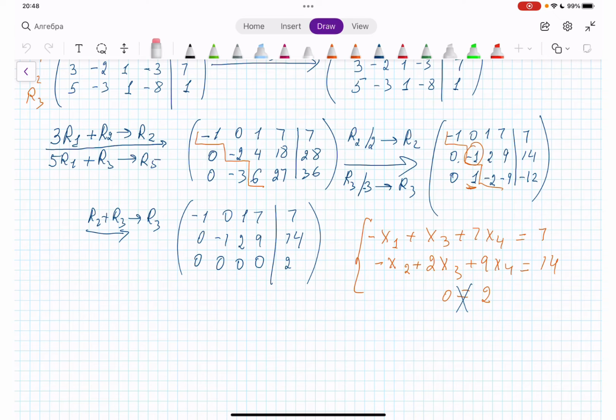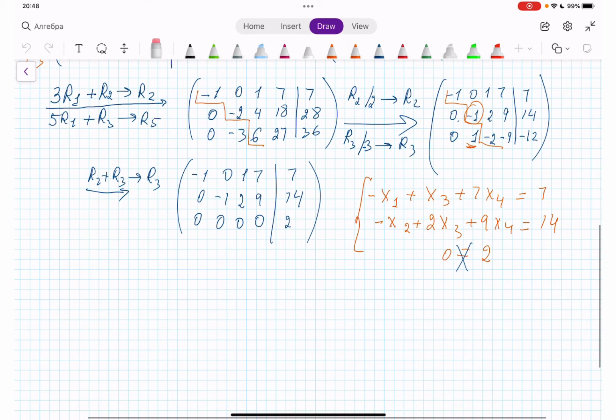Now let's solve a system of linear equations that has infinitely many solutions.